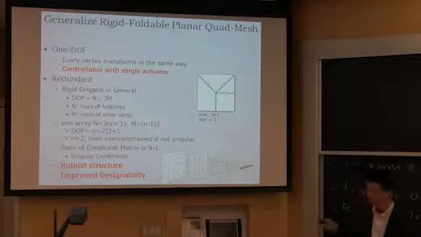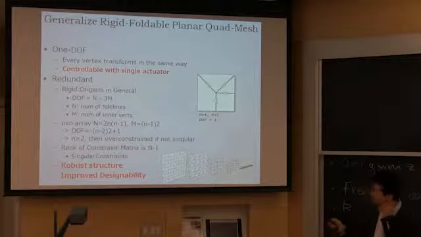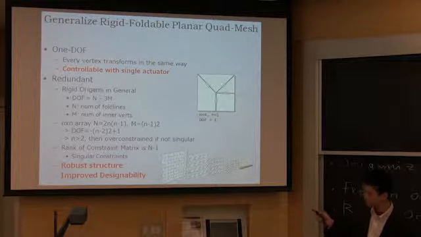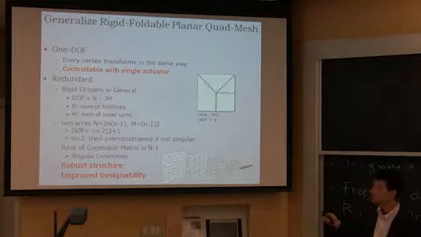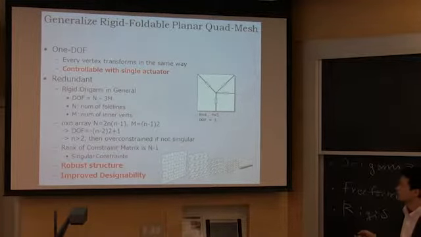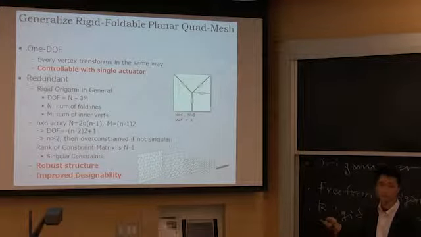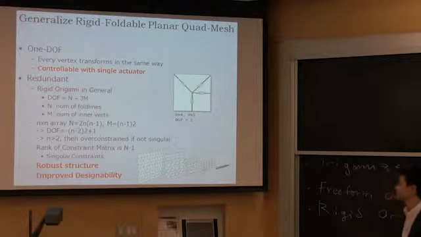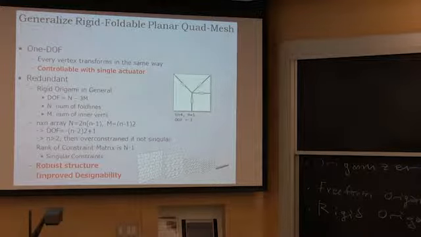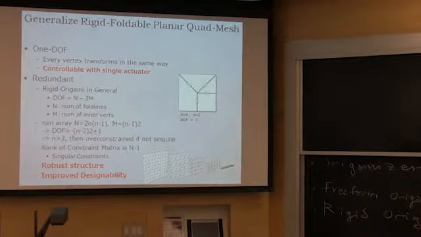For example, a quadrilateral mesh. For a quadrilateral mesh, each vertex also has 3 constraints, so that this itself forms a 1DOF structure. Think about when you form a mesh with this, like Miura-ori.